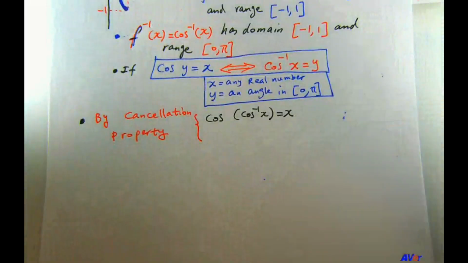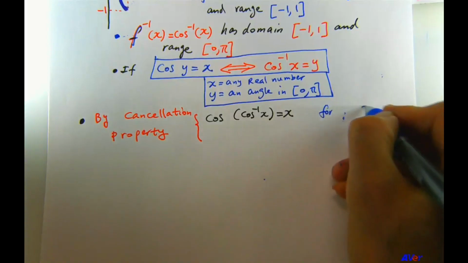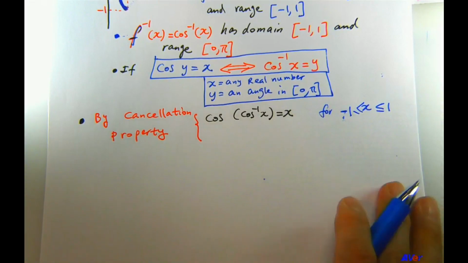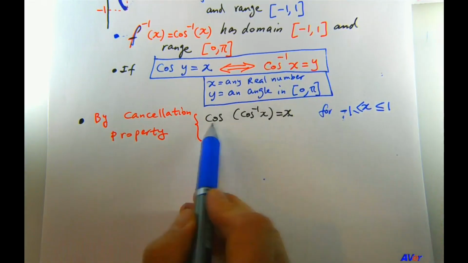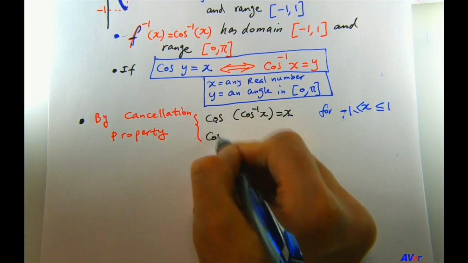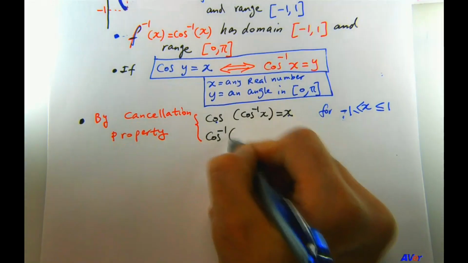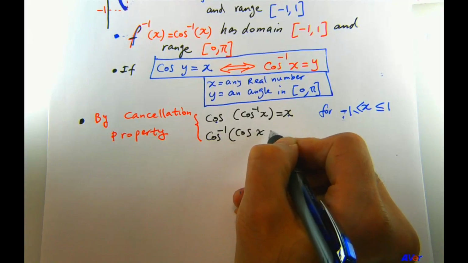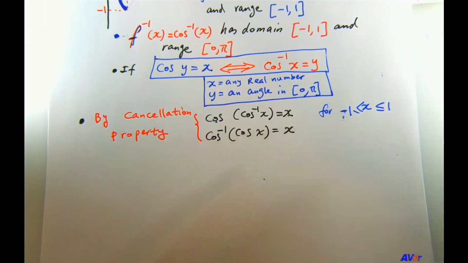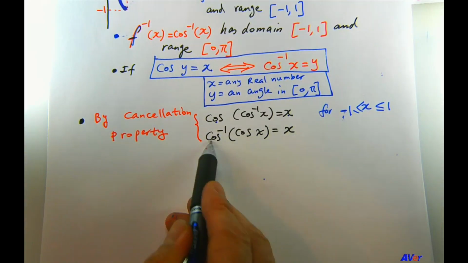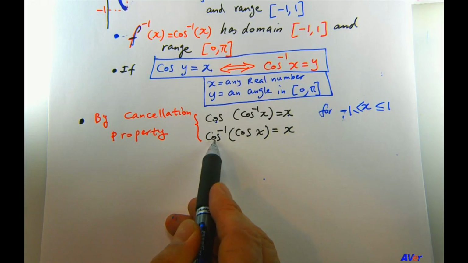So x must be between negative 1 and 1. And this is the range of the cosine function. So inverse cosine of cosine of x, again it's equal to x, but this time this x is in the range of the inverse cosine function.